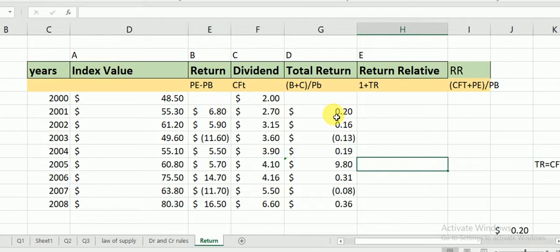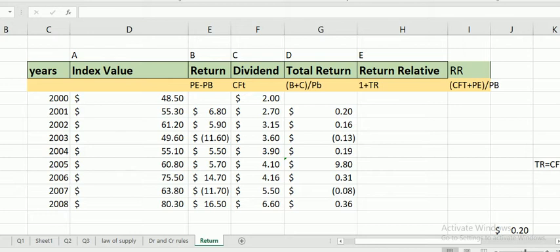Why? In order to eliminate the negative effects of the total returns. Sometimes we get the total return as negative, as I told you in 2003 and 2007. So we want to eliminate these negative effects. For elimination of this negative effect, we add 1 to the total returns.